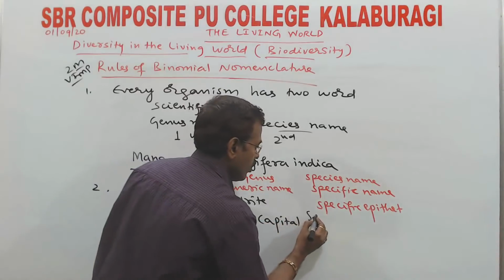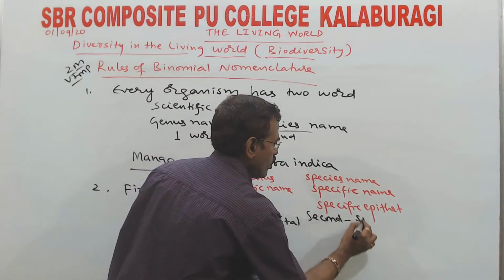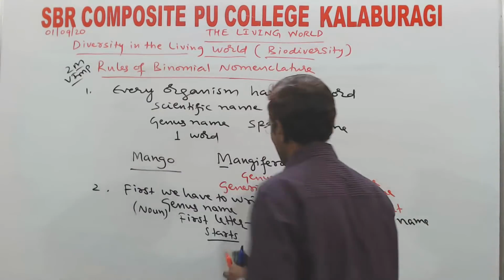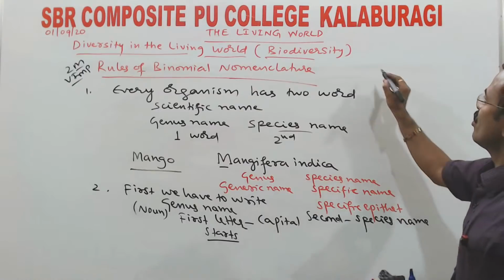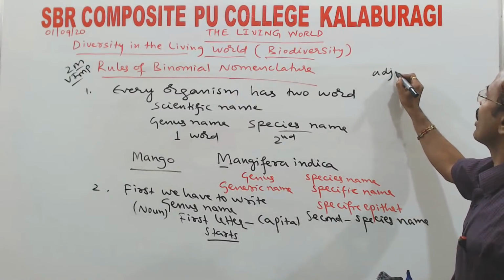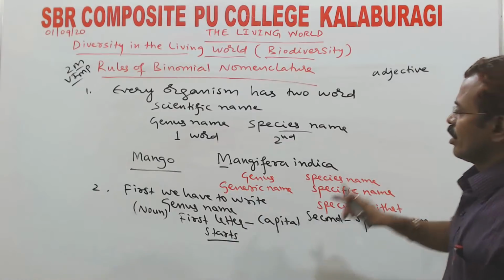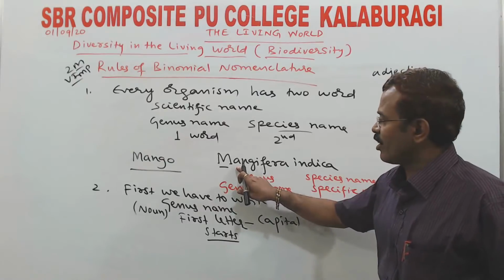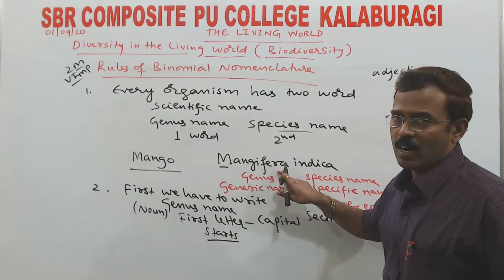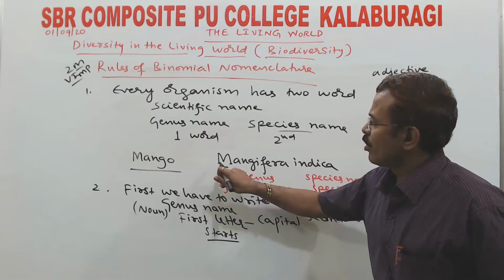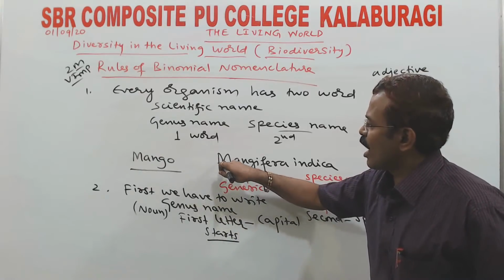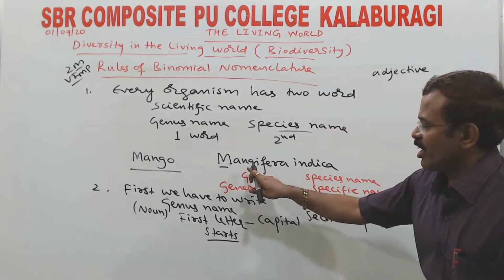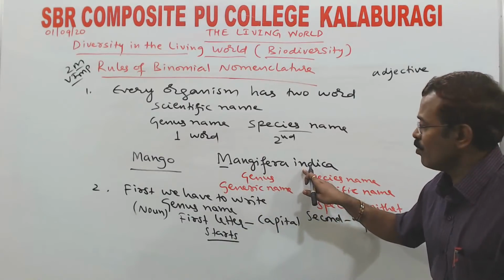Second, we have to write the species name. Species is compared to an adjective, and genus is compared to a noun. In Mangifera indica, the genus name Mangifera starts with an initial capital letter, followed by the species name.